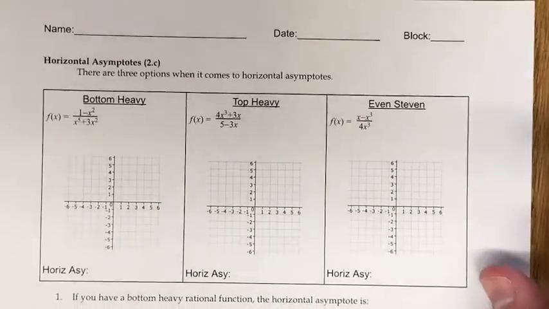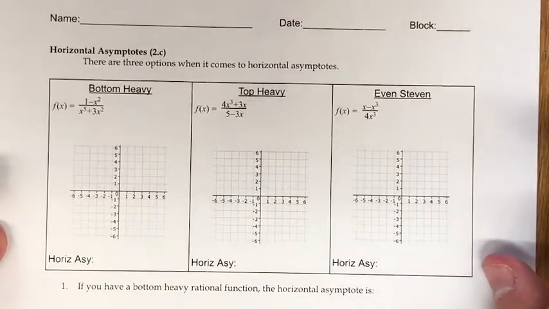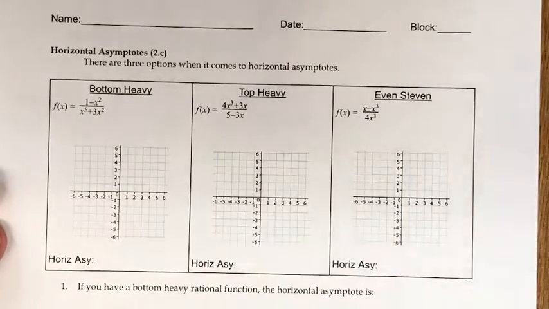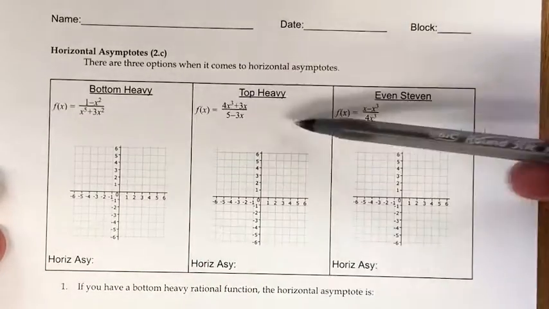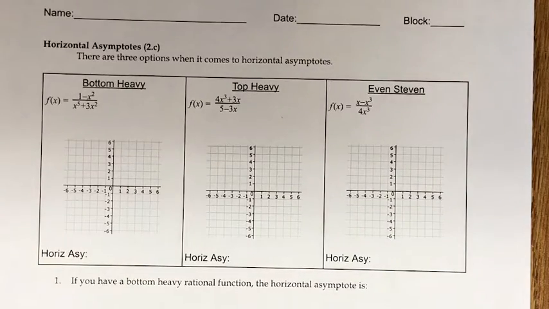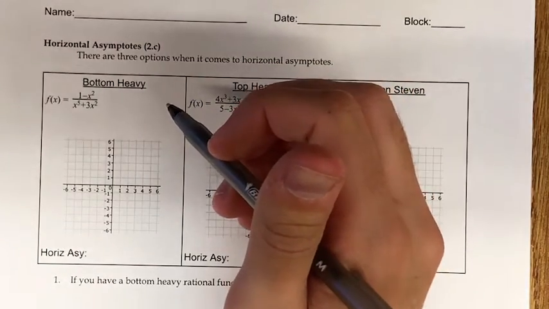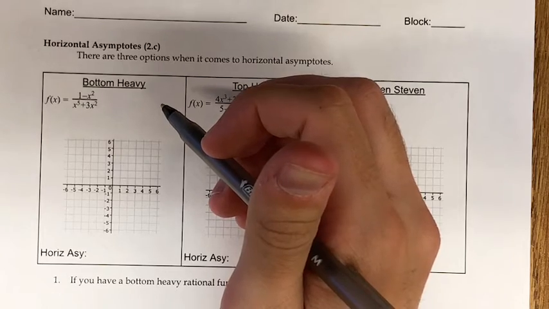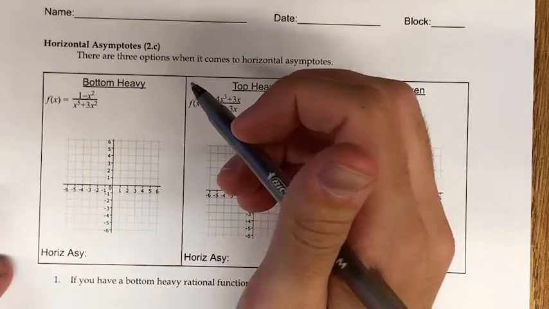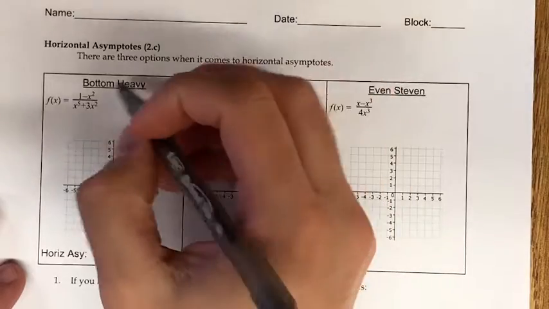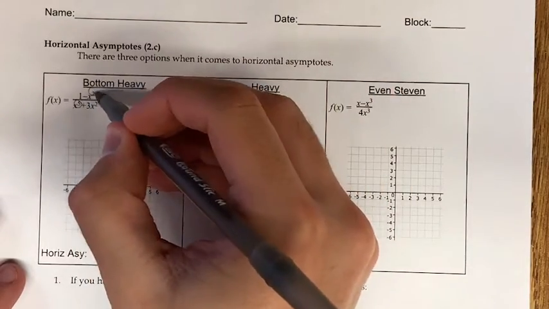Next, we just need to dig into our horizontal asymptotes. So for horizontal asymptotes, there are 3 options. There's bottom heavy, top heavy, and even-steven. Those are our 3 options for horizontal asymptotes. With bottom heavy, we're referring to the highest exponent.